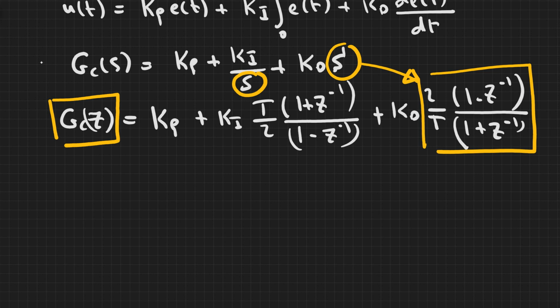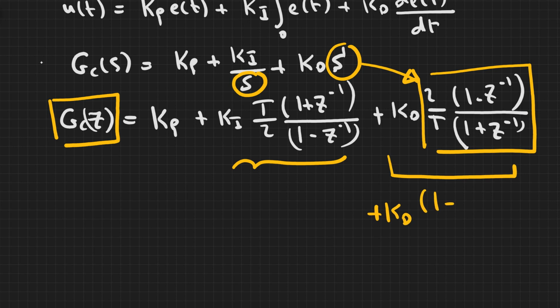You can also have another structure. For example, you can keep this integral term as is, and for the derivative term, you can say it's going to be plus Kd times 1 minus Z inverse over T. So where does this come from? This comes from just the basic first order differentiation.